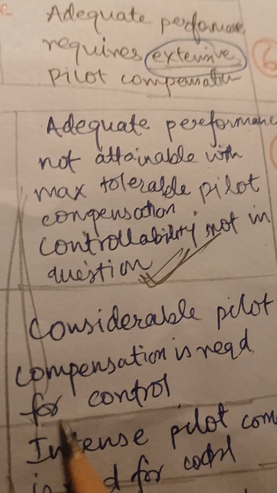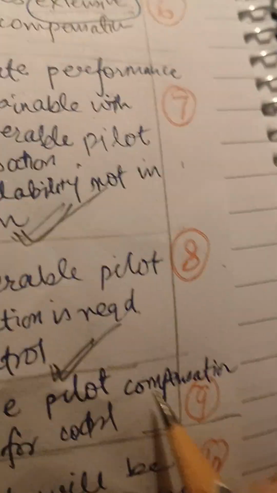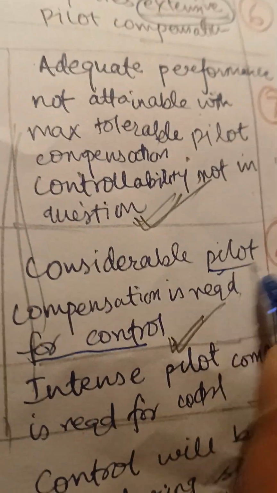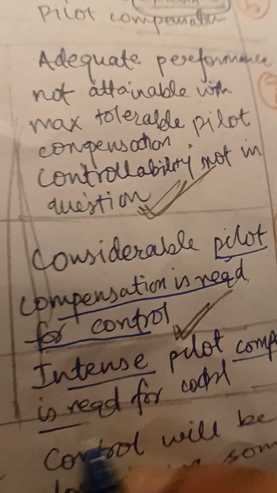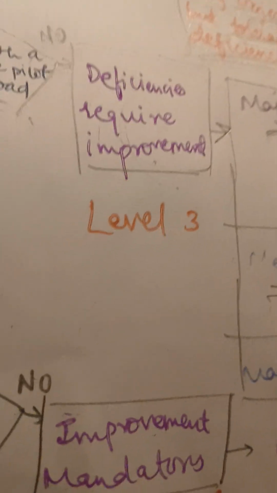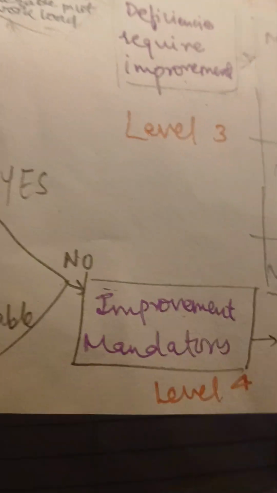Again major deficiency: considerable pilot compensation is required for control, and again major deficiency: intense pilot compensation is required for control. So these are the keywords. Then if adequate performance is not attainable with workload, we ask: is it controllable?